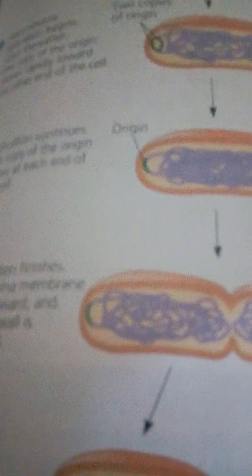Binary fission. Prokaryotes, bacteria and archaea, reproduce by a type of cell division called binary fission, meaning division in half.